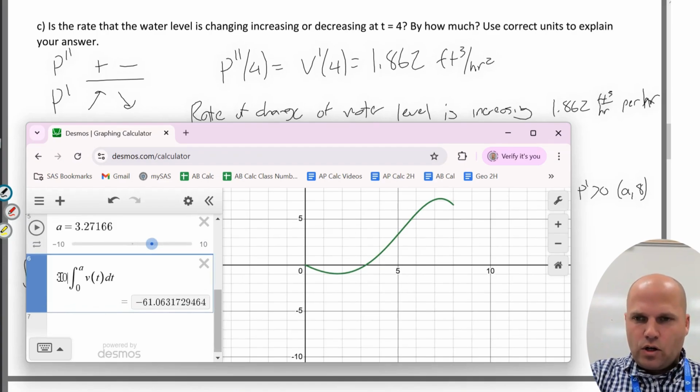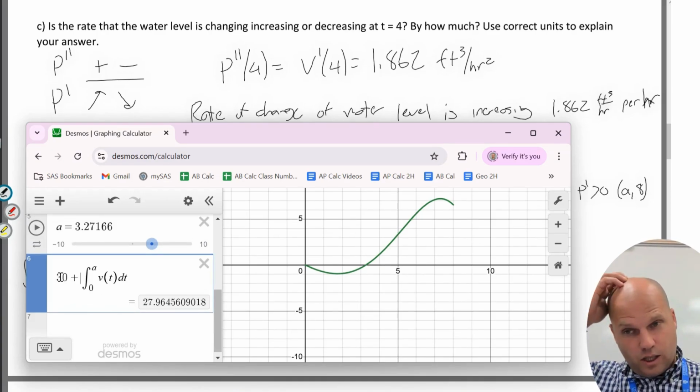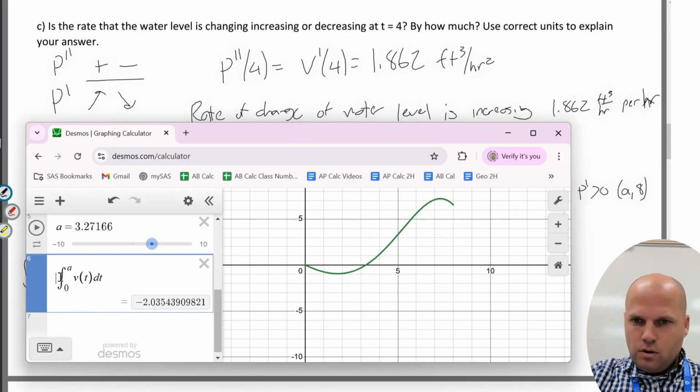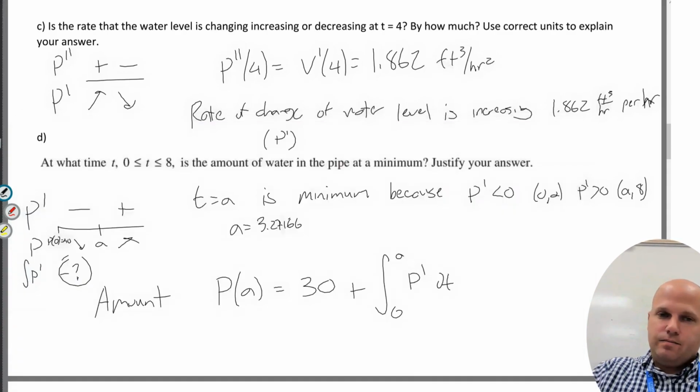If I start with 30 cubic feet and I decrease that, I will have a position of 27.964 cubic feet.